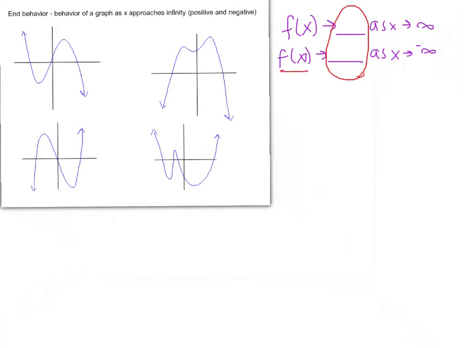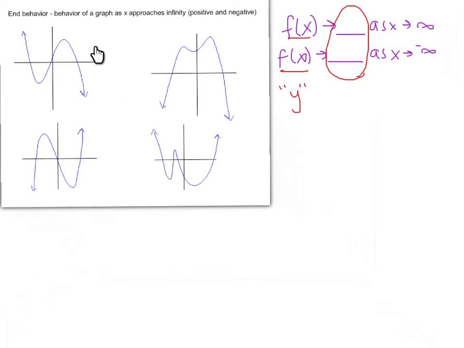And when we're dealing with f of x here, remember we can view this as a y. So we're looking at the y direction. So relating this to this first graph over here, what this is saying is as x approaches infinity, so that's to the positive direction. So over here on the positive side of the graph, what is happening?